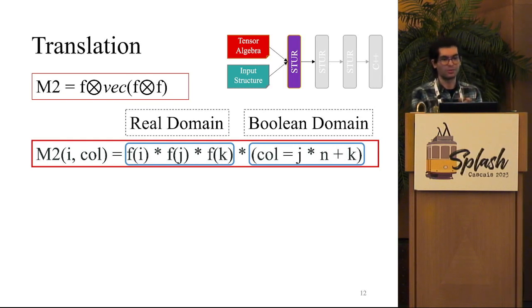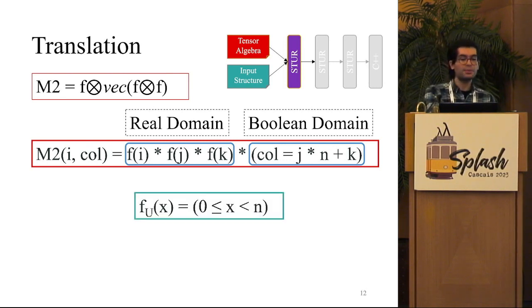We multiply the real domain and Boolean domain to do the structure inference properly and do optimizations properly, and in the end, most of the Boolean domain, which is the computation over indices in our computation, is going to end up in the unique set and redundancy map, and the real part is going to represent the actual arithmetic, and it's going to end up in our generated code. So we separate them later, but STUR treats them properly, and in the Boolean domain we translate them to conjunctions and disjunctions. In the real domain, they're just what you see there.